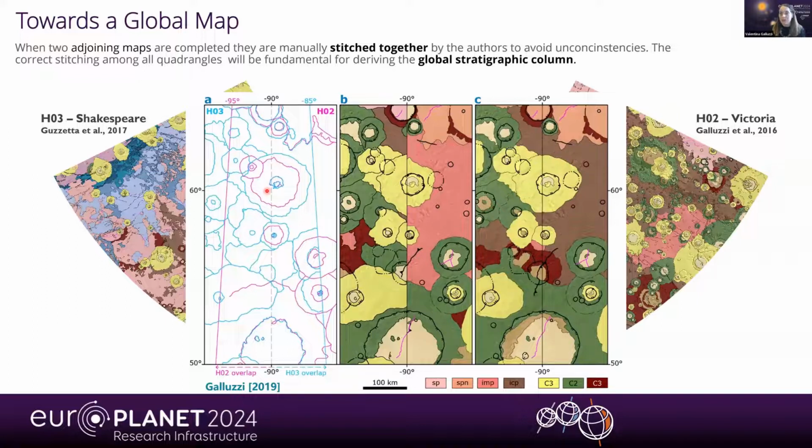In the first place, quadrangles are released and published with the mapper's own interpretation. Then we discuss and merge the boundaries and change both the maps that border each other. So yes, of course, there will be a version 2 of our maps that will be changed with respect to the published maps. I don't know if this answers your question.